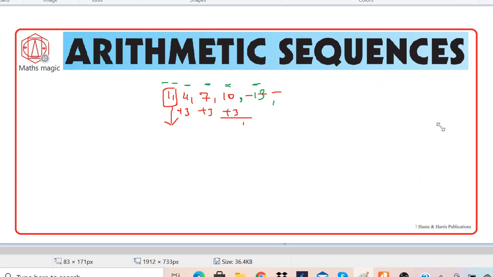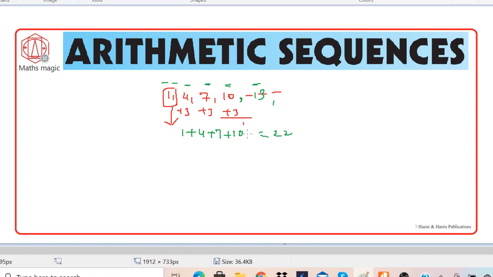If I ask you to add the first four terms of the sequence, you can simply add it like this: 1 plus 4 plus 7 plus 10. So it's 5 plus 7 is 12 plus 10 is 22. You can add it simply.